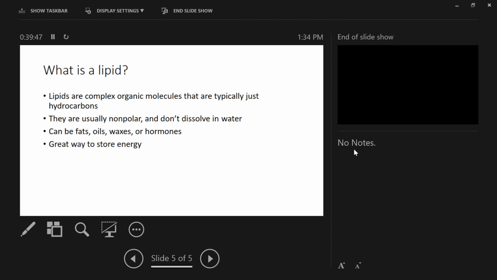Now lipids don't dissolve well in water, but they are a great way to store energy. They're relatively chemically boring organic molecules. Well, they're still complex, but they're simpler than some of our others. But they are a great way to store energy. They are very energy dense.